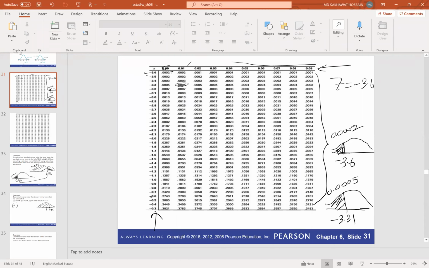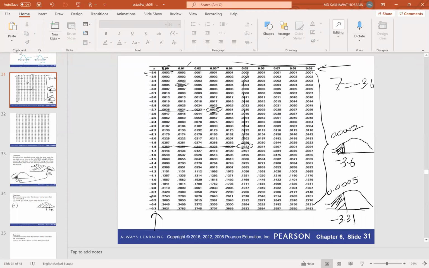0.0005. And if you look at this area 0.0032, that means this is the area to the left of -2.7, and the second digit is 3. So that means -2.73. And similarly, if you look at this number, this is the area to the left of -1.8, and the second digit is 5.